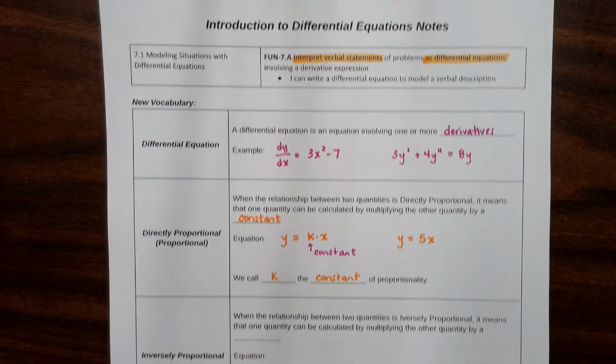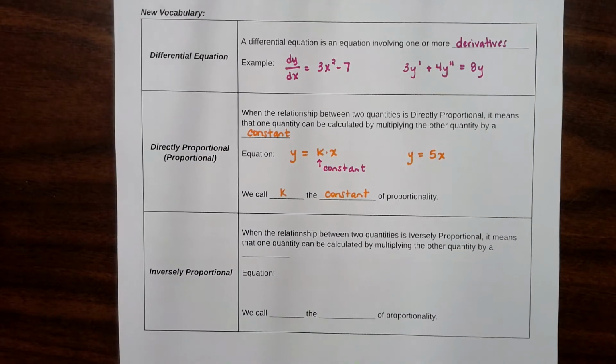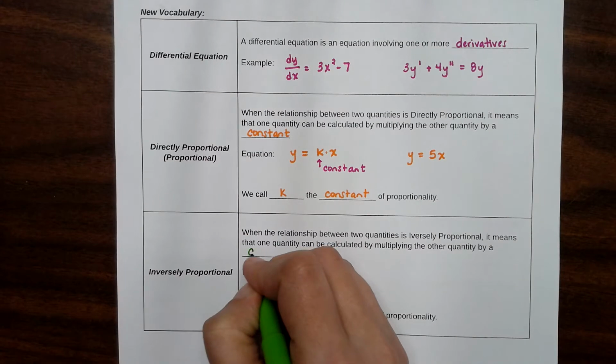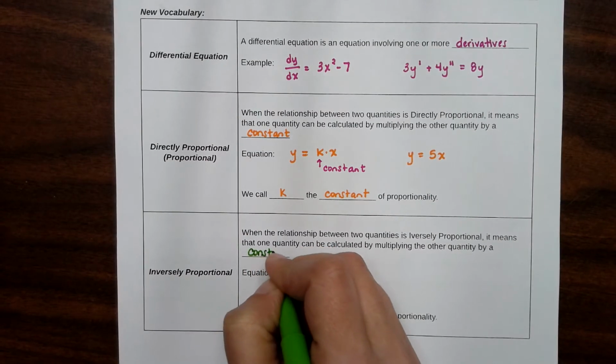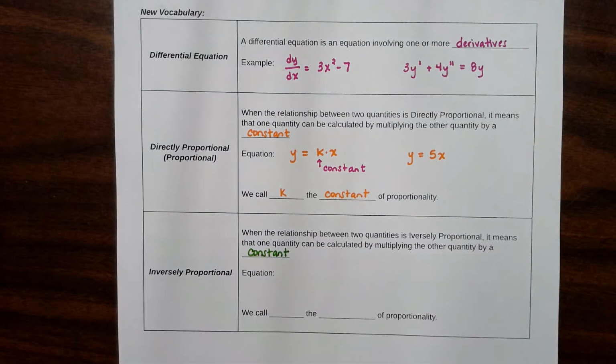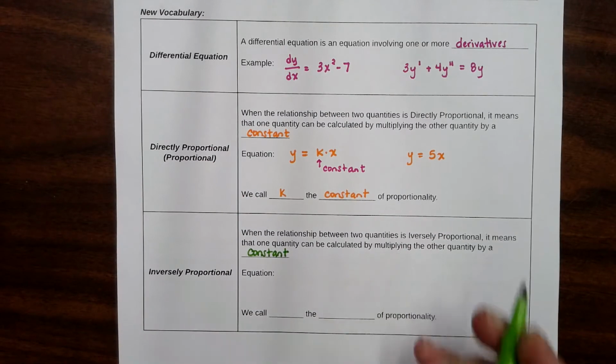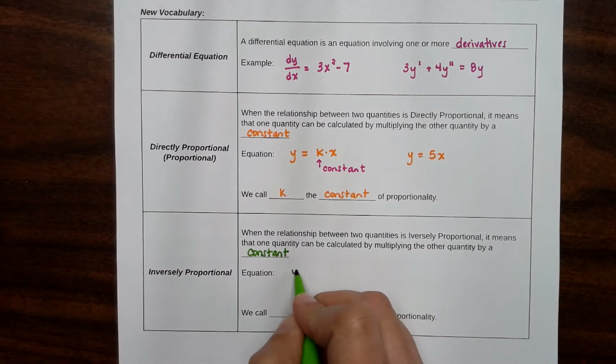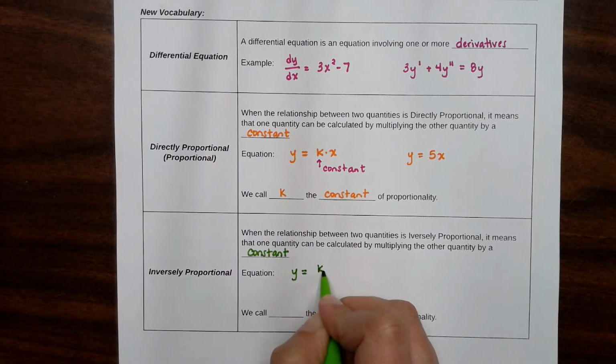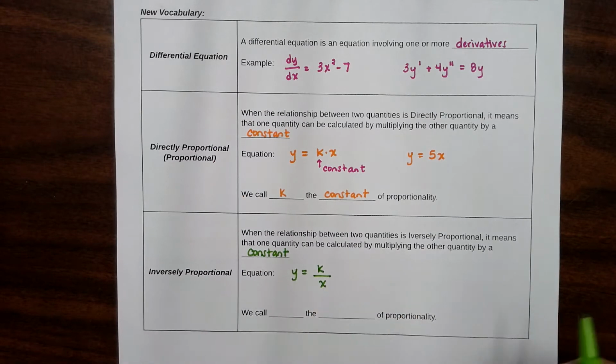Another special type of relationship and some vocabulary that we need to know is the word inversely proportional. When the relationship between two quantities is inversely proportional, it means that one quantity can be calculated by dividing by the other quantity with a constant. And inversely means that instead of multiplying by the other variable, we're going to divide it. So that example would be y equals k divided by x.